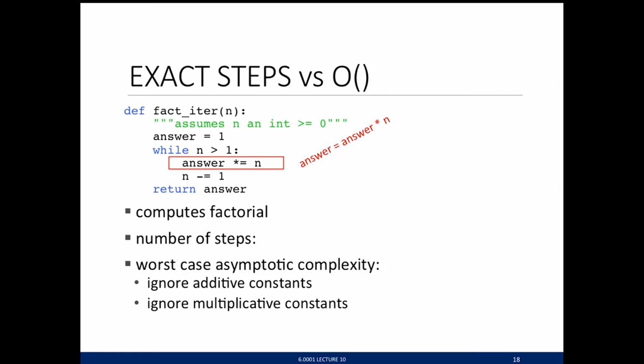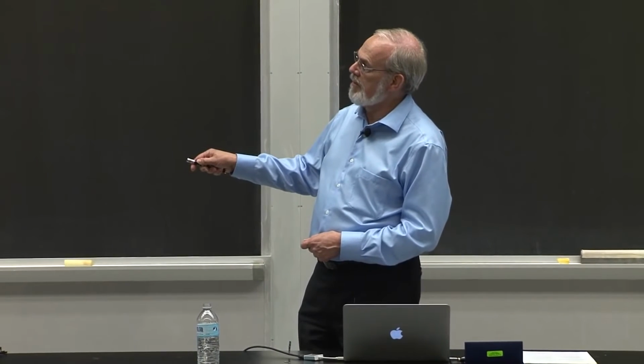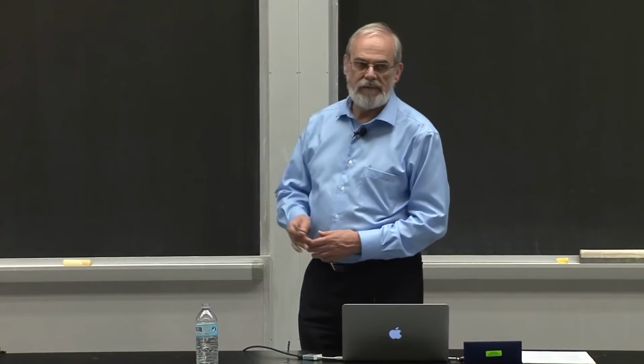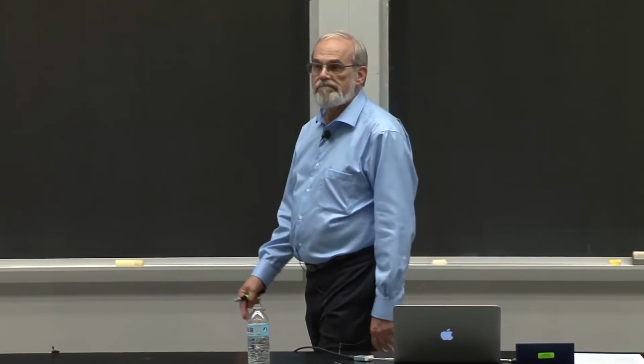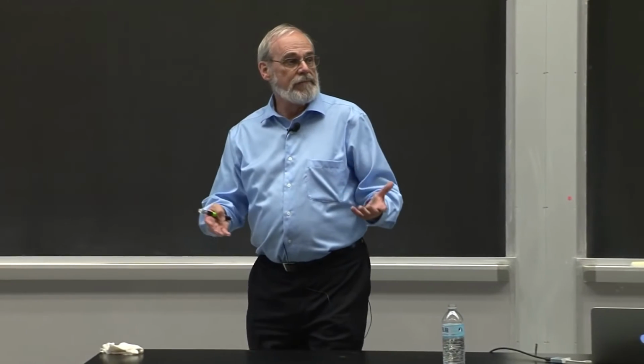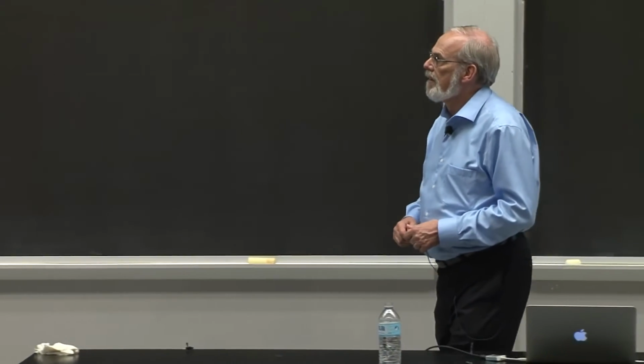So I've got 2 plus 2 plus the test, which is 5. I've got 1 outside here, I've got 1 outside there, and I'm going to go through this loop n times. So I would suggest that if I count number of steps, it's 1 plus 5n plus 1. Okay? Sort of what we did before. 5n plus 2 is the total number of steps that I use here.